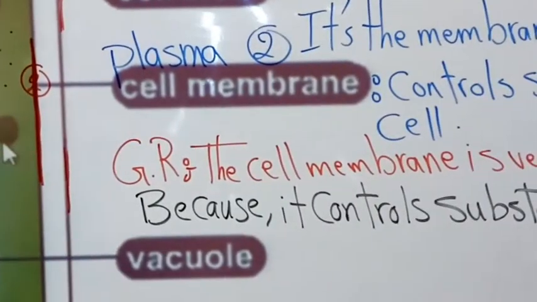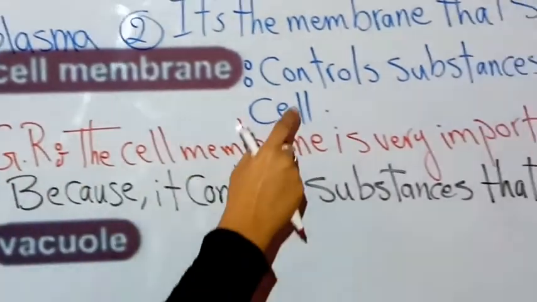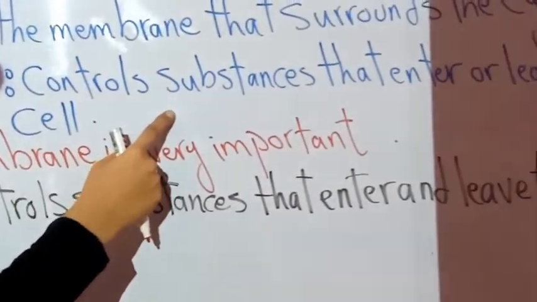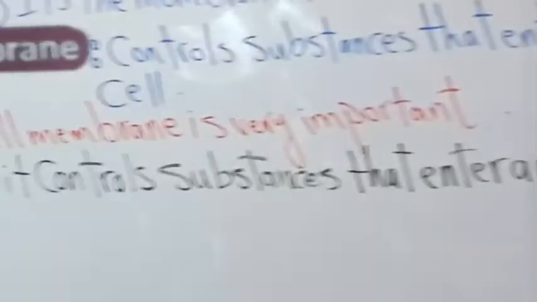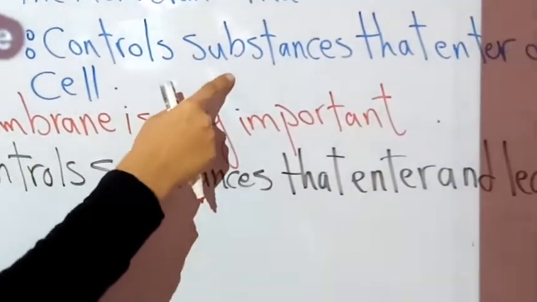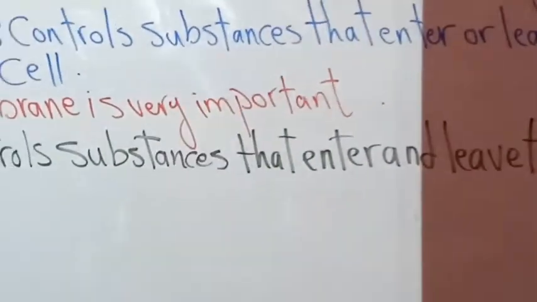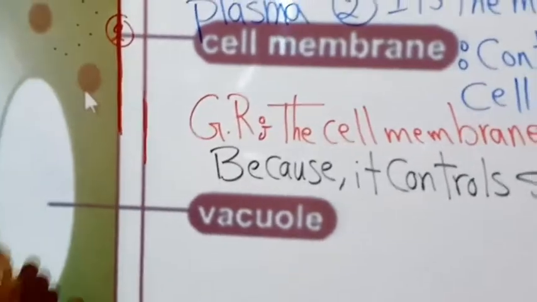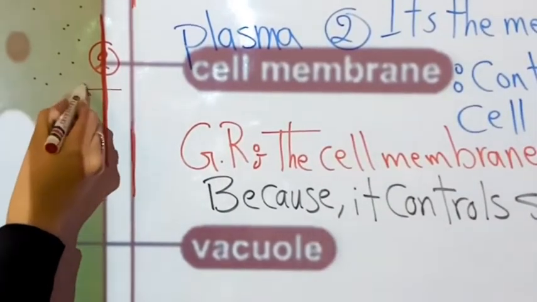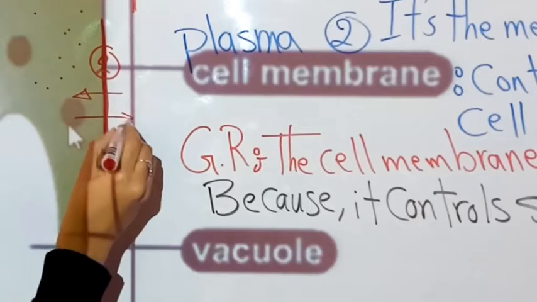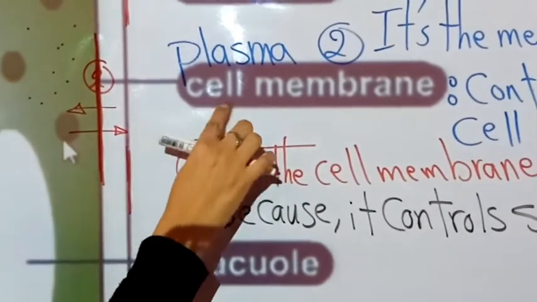What's the function? It controls the substances that enter or leave the cell. Any substance can't enter the cell or leave the cell without the cell membrane.